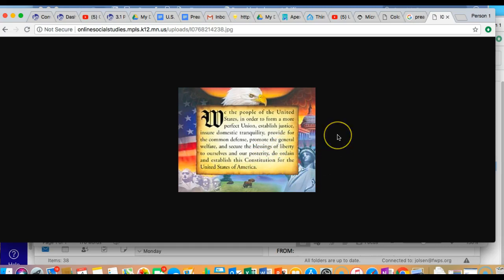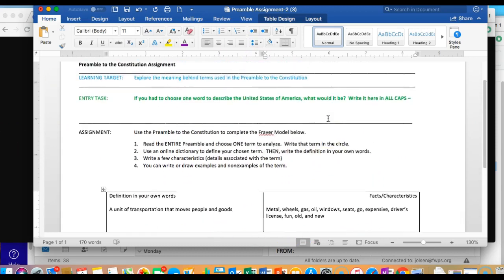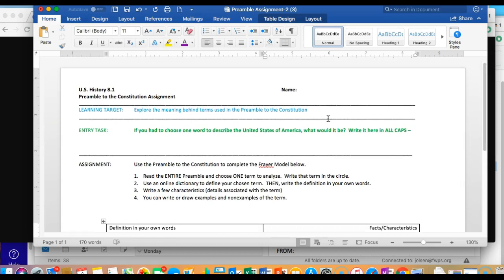Hopefully these are words you've seen before, but you haven't really used them a whole lot. You're not super comfortable with them, and so that is really going to help you understand the term and what it means for the preamble by filling out the Frayer model assignment for Preamble to the Constitution.